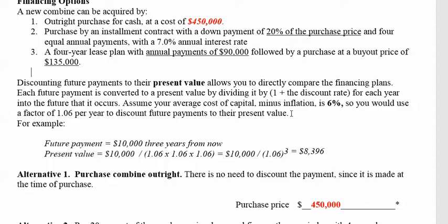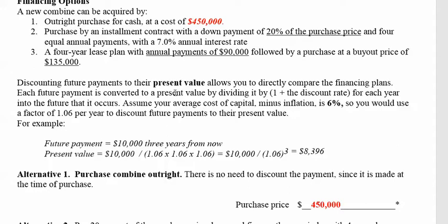Each future payment is converted to a present value by dividing it by 1 plus the discount rate for each year into the future that it occurs. We assume that our average cost of capital minus inflation is 6%. In other words, that would be a 7% interest rate minus a 1% inflation rate. So we can use a factor of 1.06 per year to discount future payments to their present value.